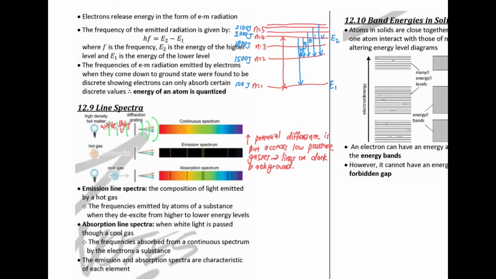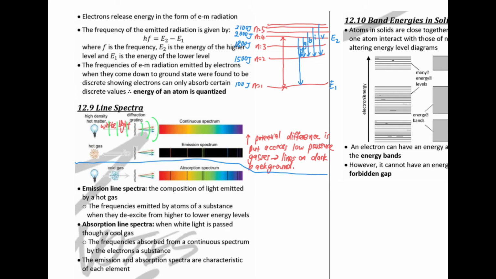Okay, so what happens? Okay, let's see. I put it in blue color. Okay, so you see dark lines over there because absorption happens. So that's why this is called absorption spectrum.